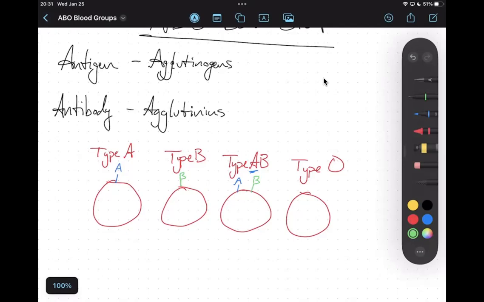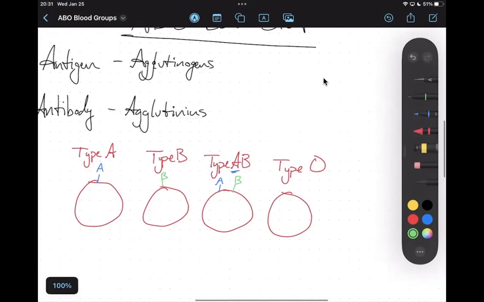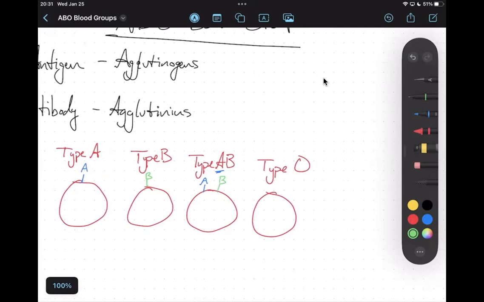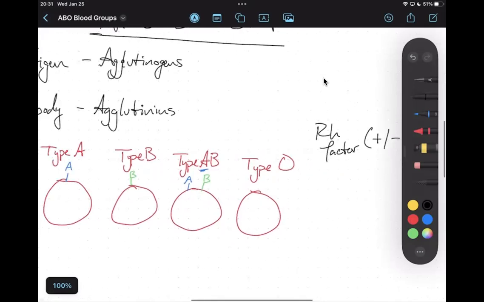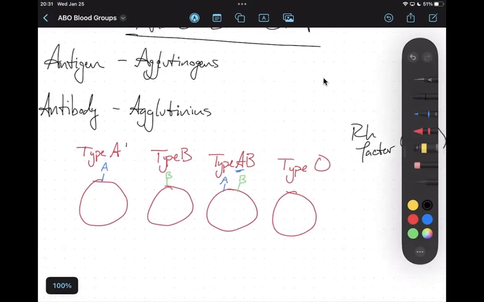Now, another thing that goes along with our blood type, and you likely have heard this, is the RH factor. This RH factor denotes our blood as either positive or negative. So we can have A positive or negative, B positive or negative, AB positive or negative, and O positive or negative.